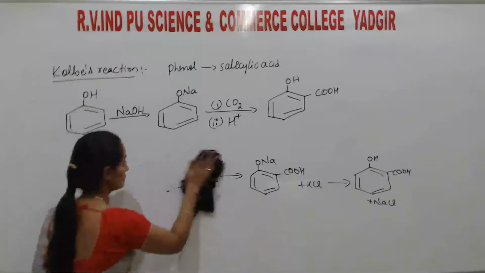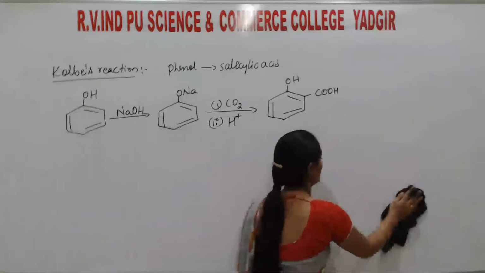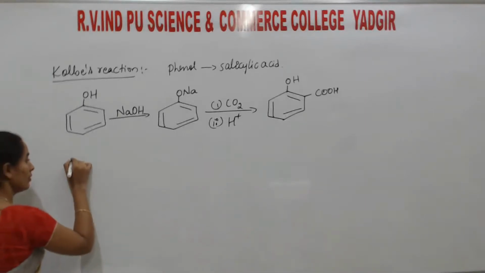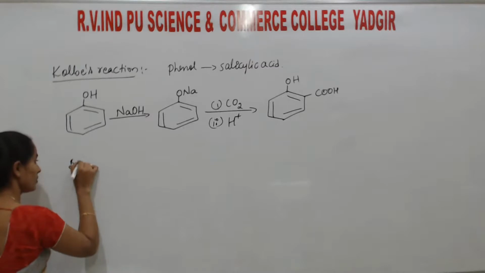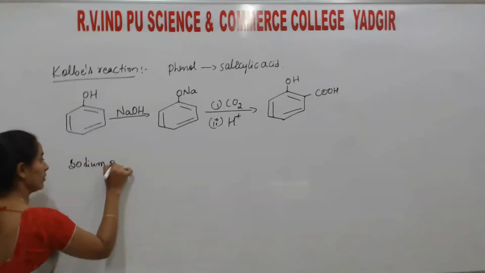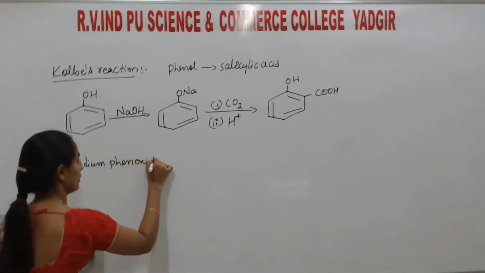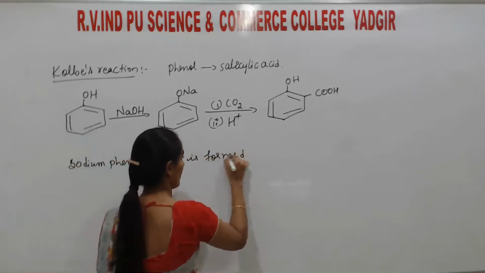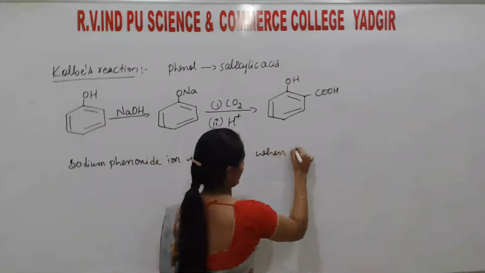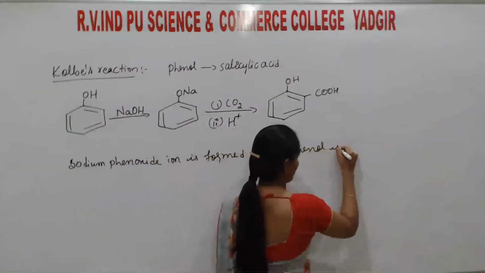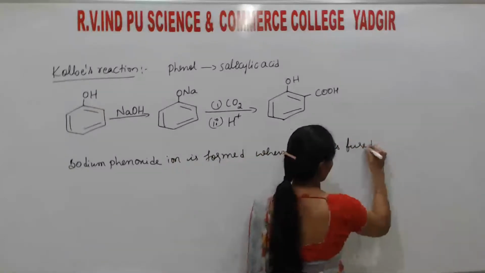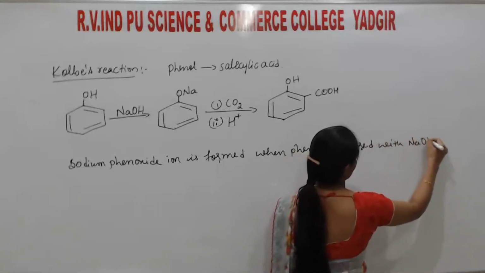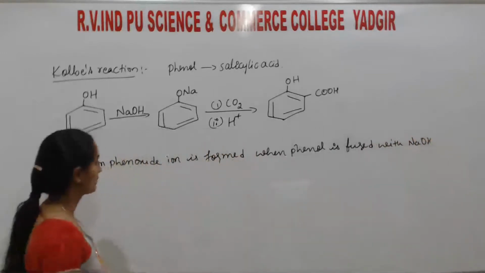How do you write the explanation? Sodium phenoxide ion is formed when phenol is fused with NaOH. Okay?